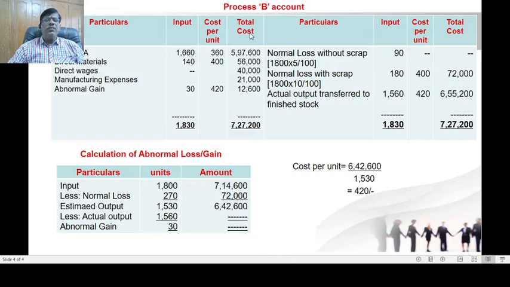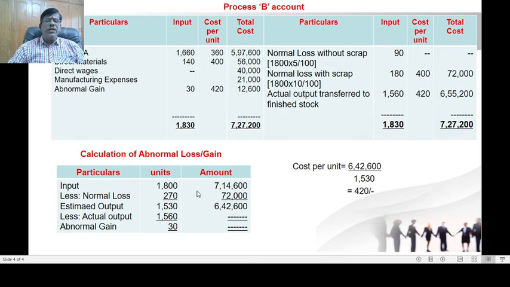Then total cost of this process, that is 7,27,200. Then it should be 5,97,600 plus 56,000 plus 40,000 plus 21,000. Excluding this value, you will get 7,14,600. Less normal loss, you have to add both here, 90 plus 180.